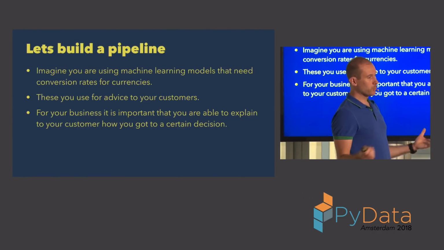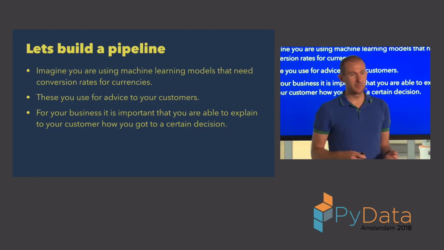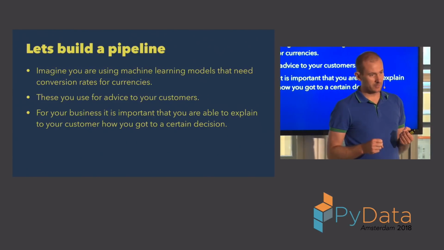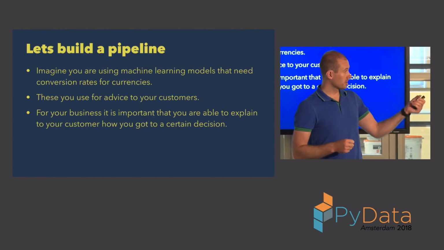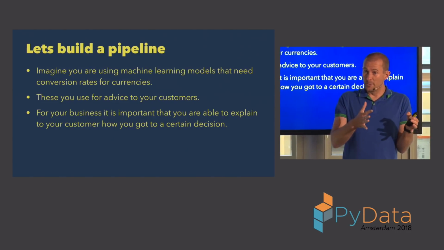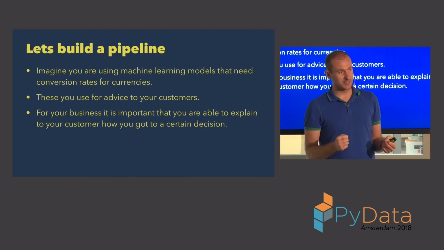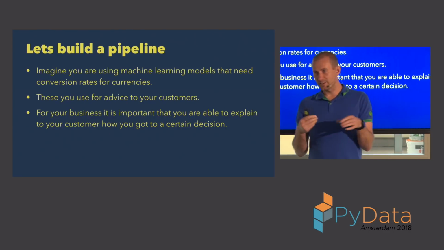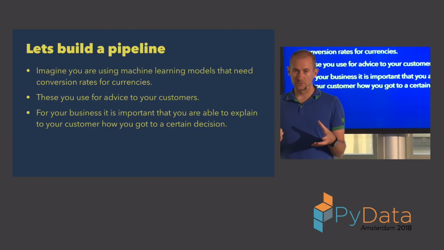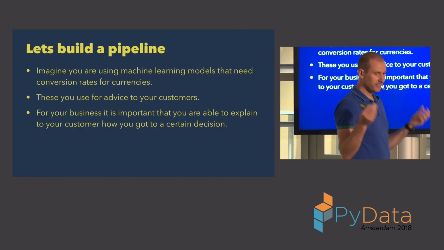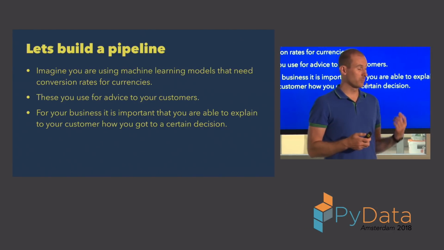So let's build a proper pipeline. And imagine that you are using machine learning models that need conversion rates for currencies. So the example that Fokko just gave you with picking up something from CoinDesk, because we love cryptocurrencies, we like to invest into them, but we also like to have the predictions there for when should I invest, when should I step out? Just a short example, and you can partially rerun it.